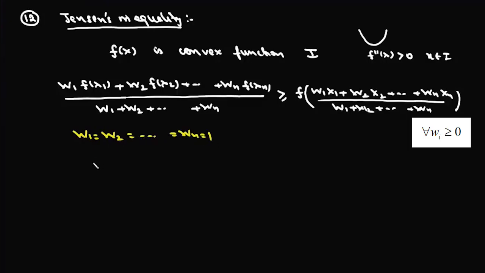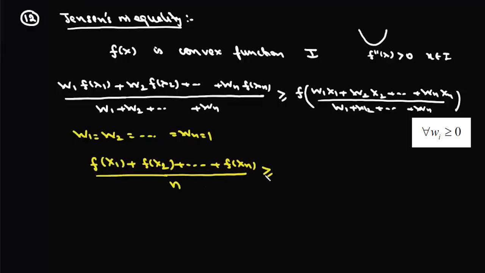And if we take all the weights as 1, then we get this simple case, which is (f(x1) plus f(x2) up to f(xn)) by n. So basically it is the arithmetic mean of values at x1, x2 and xn. It is greater than or equal to the value of the arithmetic mean of x1, x2 and xn.